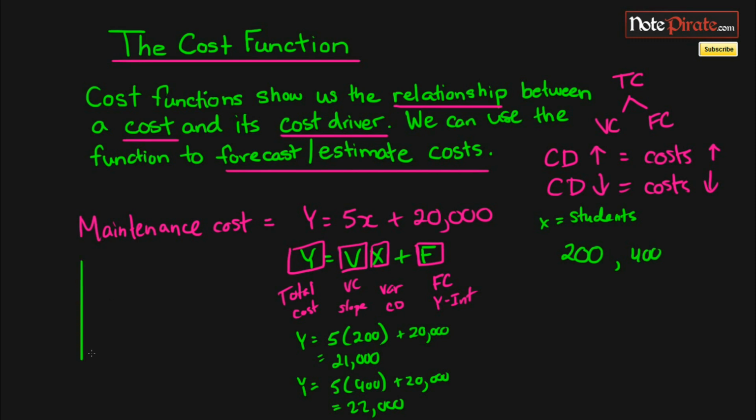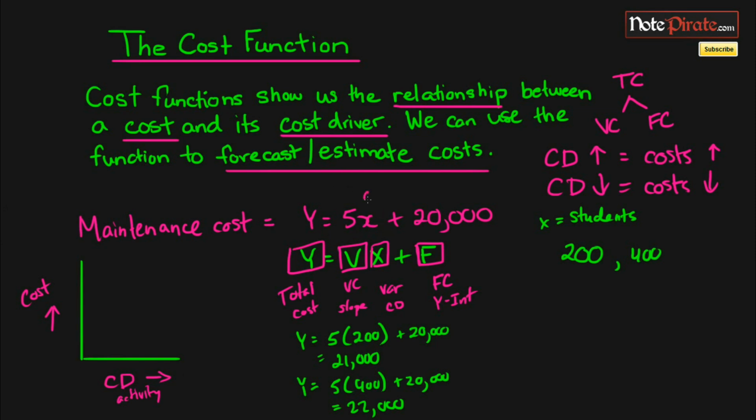If we also wanted to graph this to show how the cost function is graphed on a linear basis, let me just draw the axes. The y-axis is the cost, and the x-axis is the cost driver activity. Our first point would be at the cost driver activity level of 0 students.